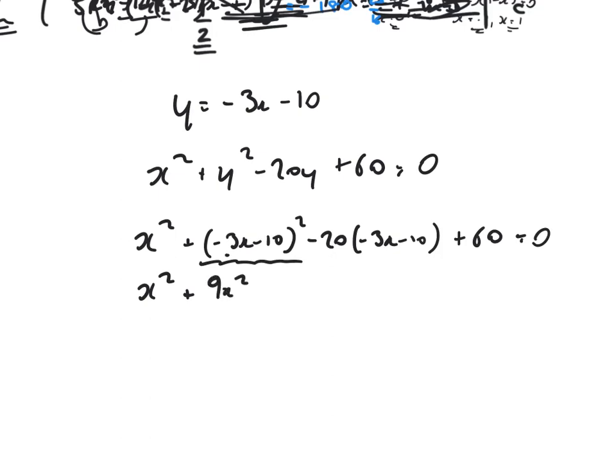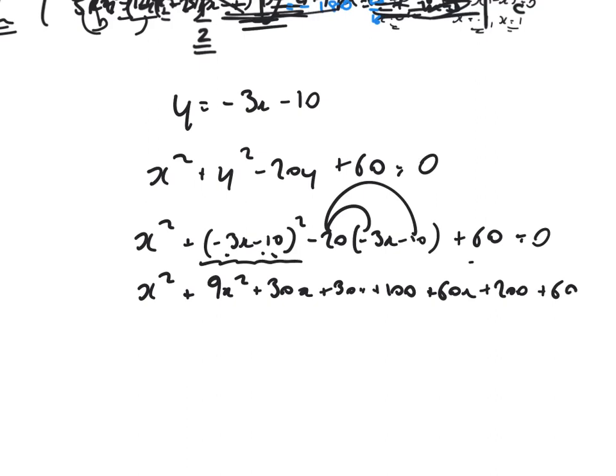So it's going to be x squared plus 9x squared, minus 3x times minus 10 is 30x, plus another 30x, plus 100, plus 60x plus 200 plus 60 is equal to 0.